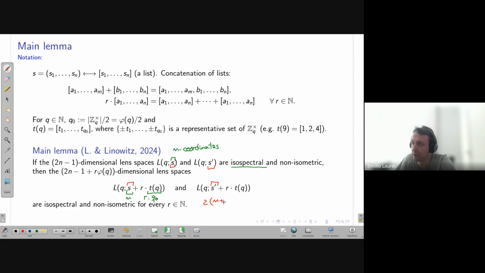The number of coordinates is n plus r times q0. That's correct. And when you have 2n minus 1 here, you have twice q0, remember, is the Euler phi function, so you have this. Okay? So you increase the dimension. You can increase the dimension of isospectral spherical space forms.